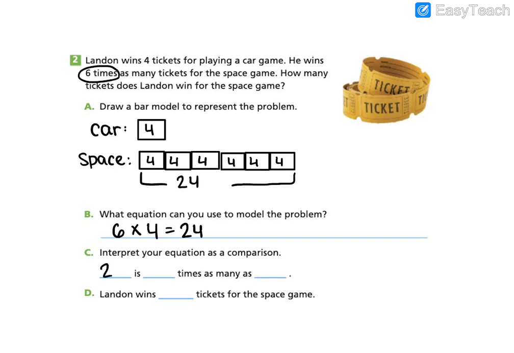So 24, right, how many tickets he gets for the space game is 6 times as many as 4. How many tickets does he win? He wins 24 tickets.